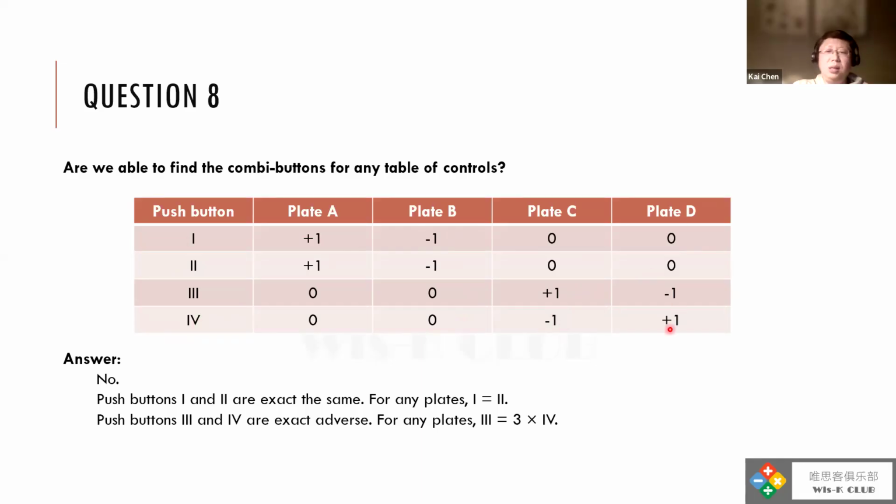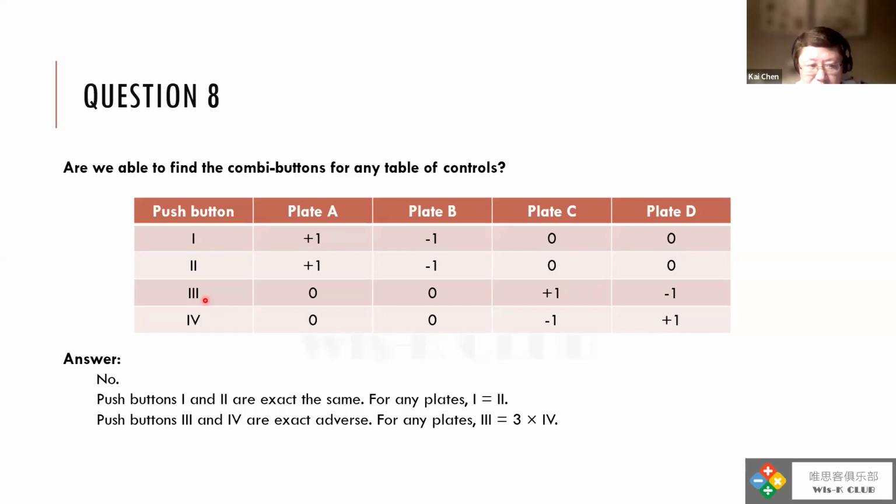So it's completely the other way around. That means pushing button 1 and 2 is the same. So basically you don't have 4 buttons, you have only 3 buttons, because 2 and 1 are equivalent to each other.